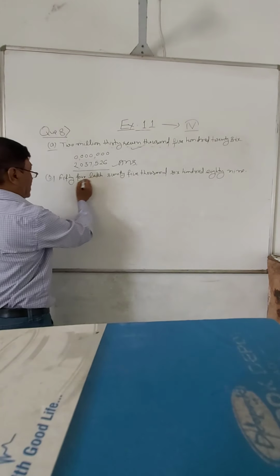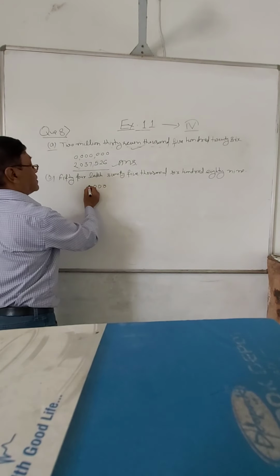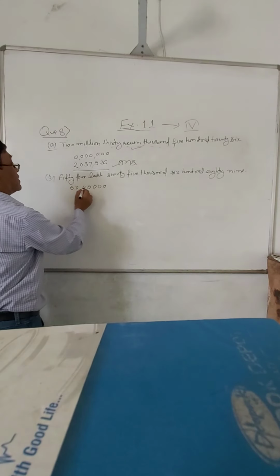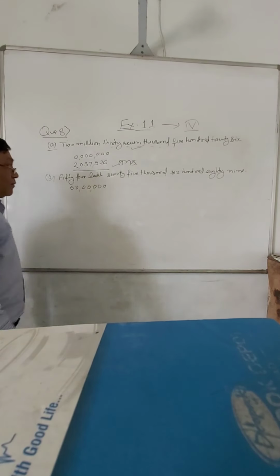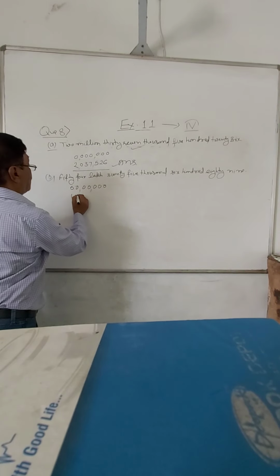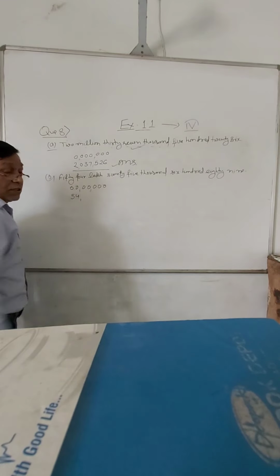So ones, tens, hundreds, thousands, ten thousands, lakhs. Now 54 lakhs, so write 54 lakhs here and put the comma first.